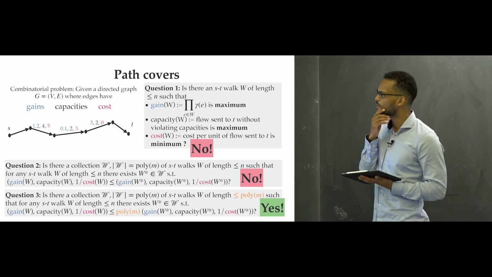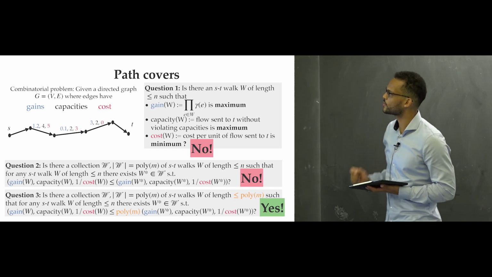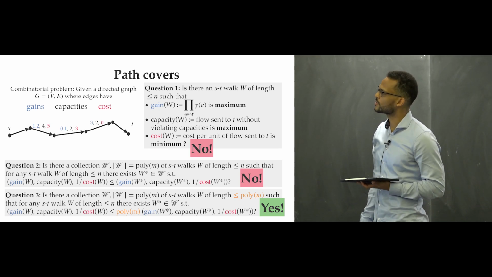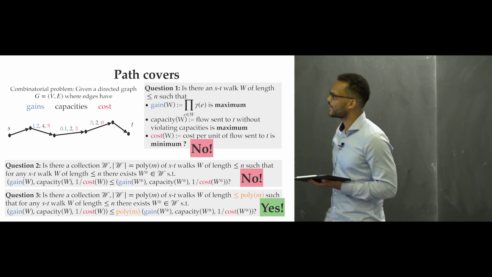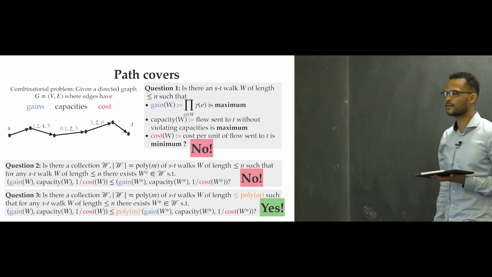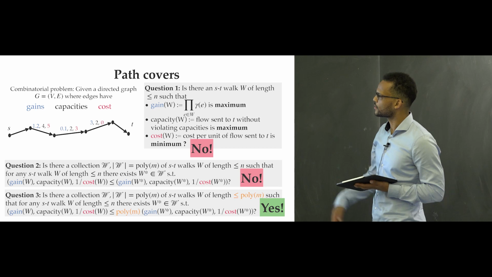I look at the exponential set of ST paths, and now I have a multi-objective optimization problem, and that is the following. I'm looking for a walk from S to T of length at most n, such that I send flow as efficiently as possible from my source to the sink. Okay, so this is the product of the gammas. So I want this to be maximum.